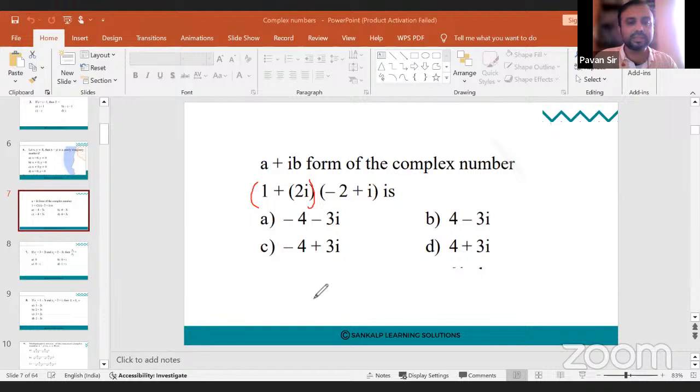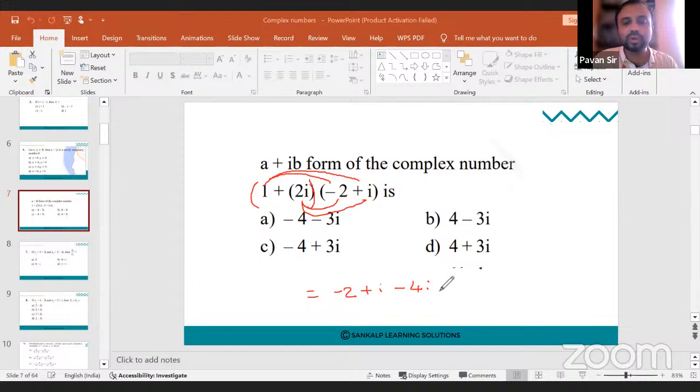Just multiply this. It is 1 into minus 2, that is minus 2. 1 into i, that is i. 2i into minus 2, so minus 4i. 2i into i, that is 2i square. i square is minus 1, already you know that.